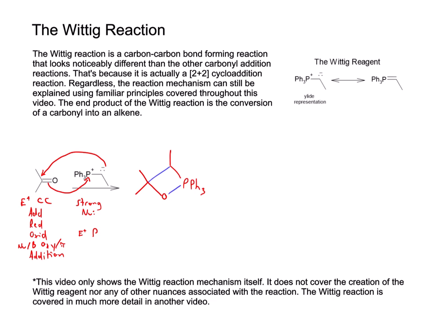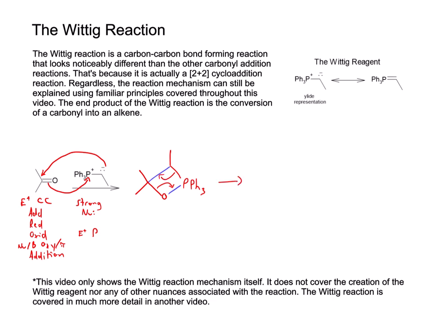4-membered rings, of course, are not very stable due to their high angle strain. So what happens next is we break 2 bonds to form 2 new pi bonds. So this carbon-oxygen bond is going to break, and the electrons are going to transfer between it and the phosphorus. And the carbon-phosphorus bond is also going to break, forming a double bond between the 2 carbons.